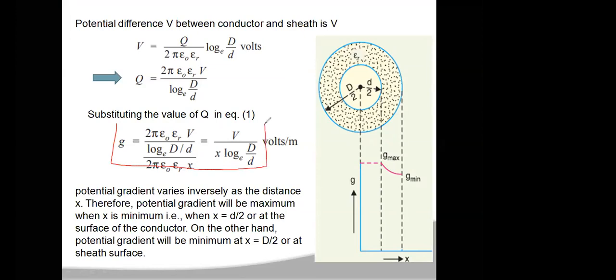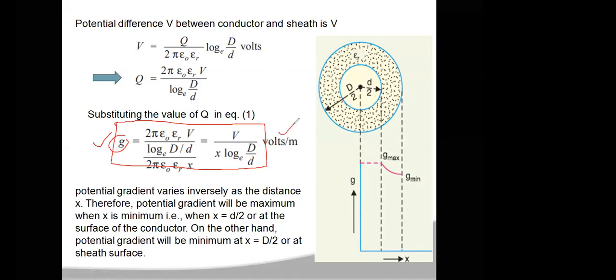So potential gradient is also known as electric intensity or dielectric stress. If you are asked to derive the expression for dielectric stress, potential gradient or electric intensity, you can write the same. The potential gradient g can be written as V by x into log capital D by small d to the base e.